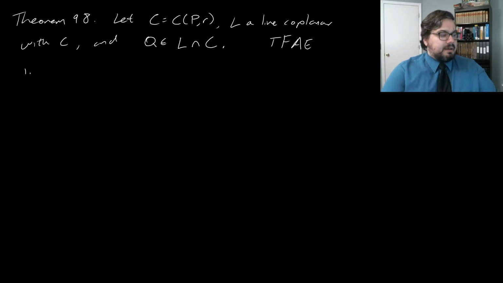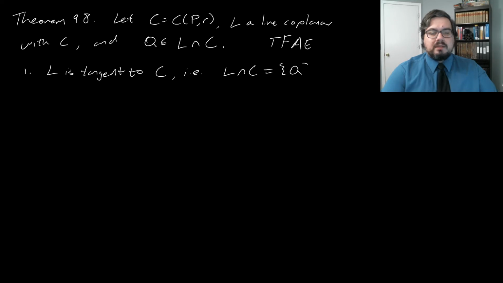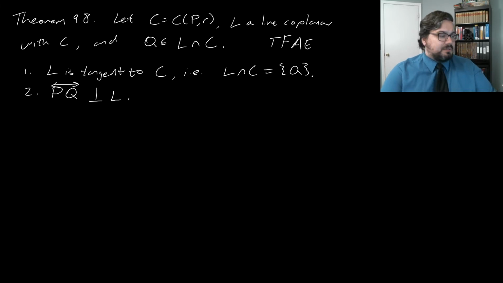Part 1, L is tangent to C, which means that the intersection is only the point Q. That's equivalent to the statement that the line PQ is perpendicular to L. This is a very good way of describing tangency that connects it up with many of the other things that we've done.